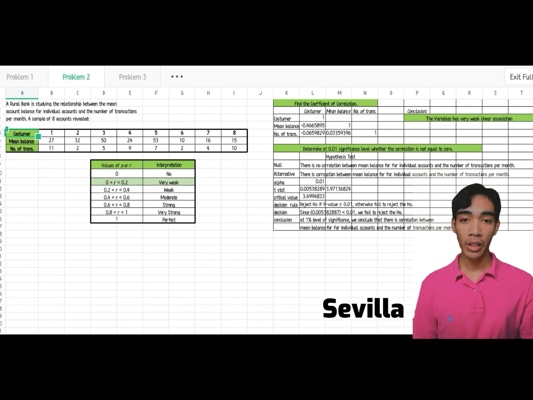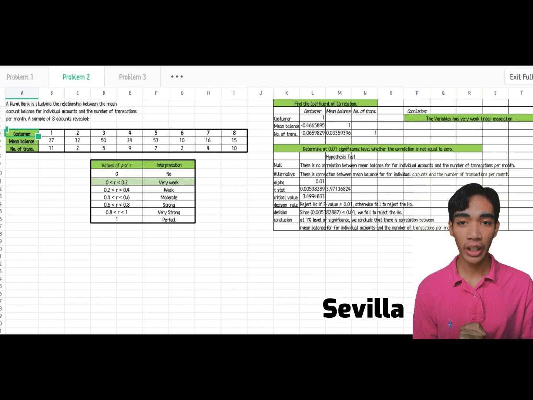The value of r starts with 0 and the interpretation is no correlation. 0 less than r less than 0.2, the interpretation is very weak. 0.2 to less than 0.4 is weak. 0.4 to less than 0.6 is moderate. 0.6 to less than 0.8 is strong.